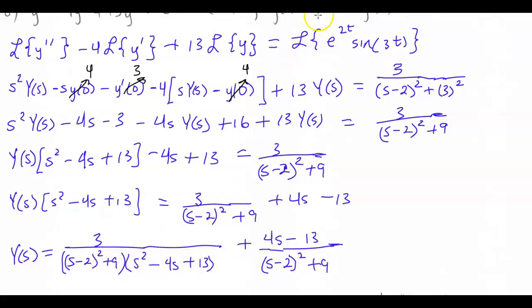And of course, for here, since we know that this S squared minus 4S plus 13 is the same thing as what we see here, I can literally just say that that's just going to be the same thing as this squared. So it'll be S minus 2 quantity squared plus 9. Of course, that would be squared. And so we could leave it that way.